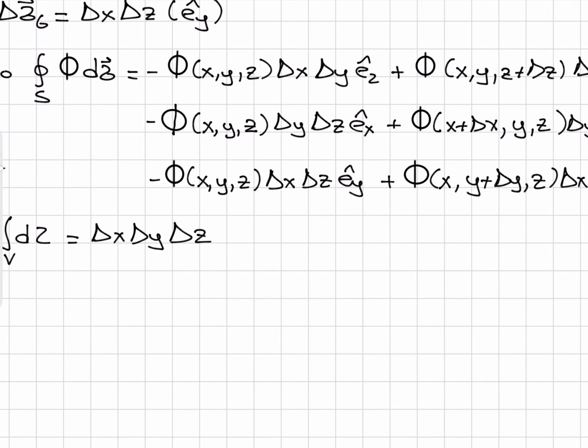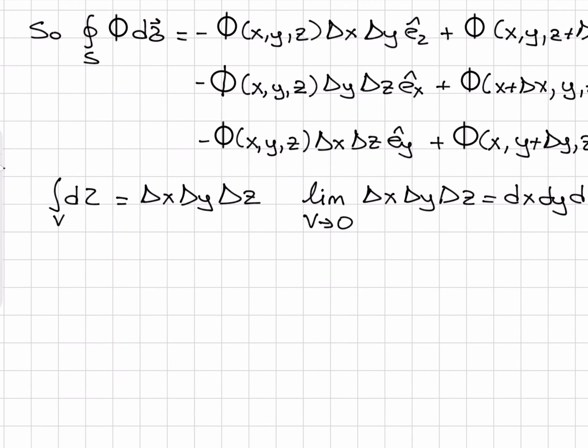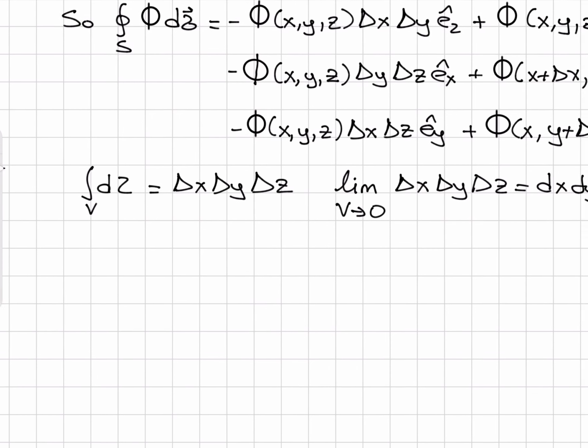Now, what is the limit as v goes to 0? Delta x, delta y, delta z, they become differential lengths dx, dy, and dz. All right, so let's put it together.